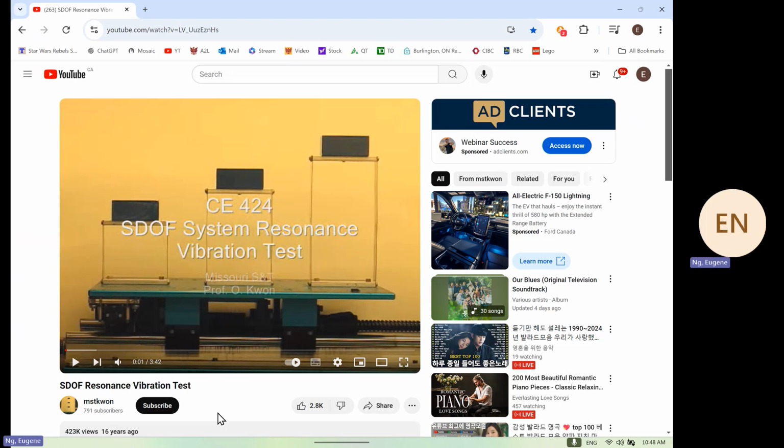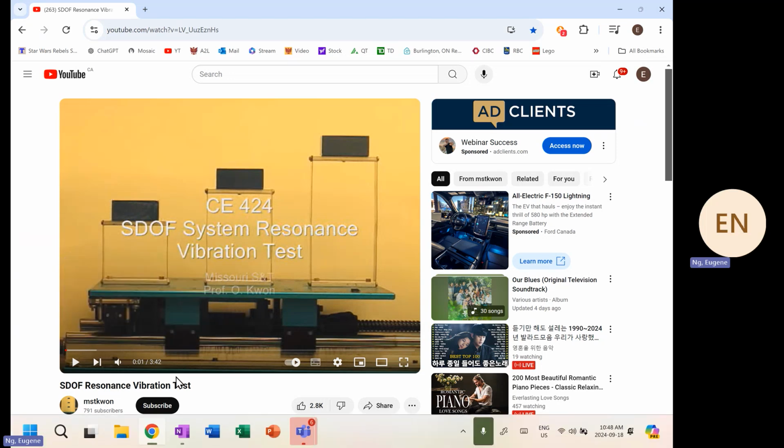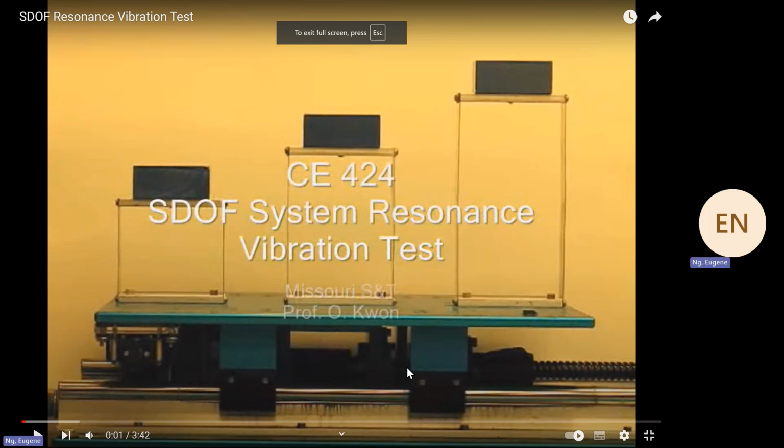And I want you to apply what you have learned. So what's happening is you have three structures, one on the left, the center one, and the third one on the right. Assuming that the mass is constant, the table below will move left and right.